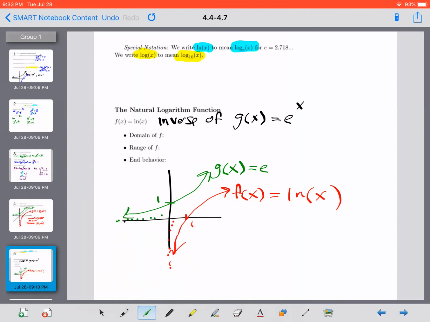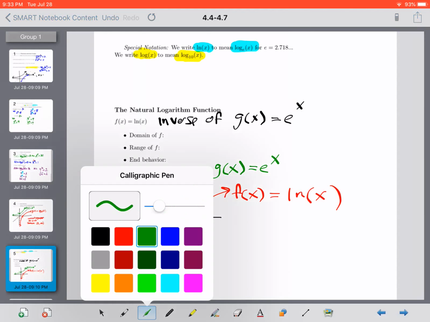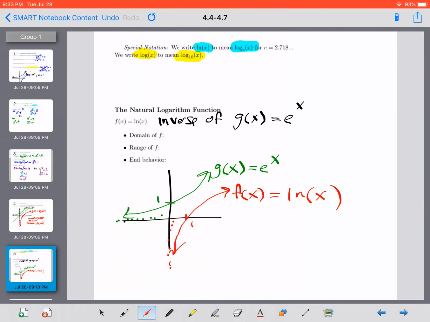Now, what is the domain of f, the red one, the log function ln of x? Just like before, the domain's going to be all real numbers greater than 0, because this function's not defined at x equals 0, and it's not defined for any negative x values. What's the range of this function going to be? Well, what outputs do you get? You get every possible output.